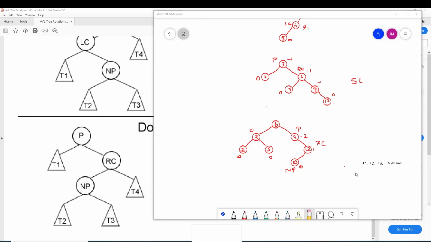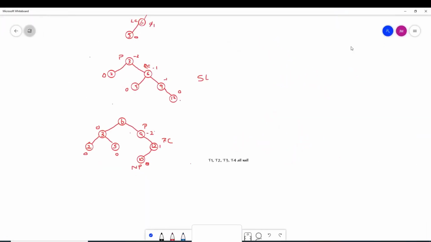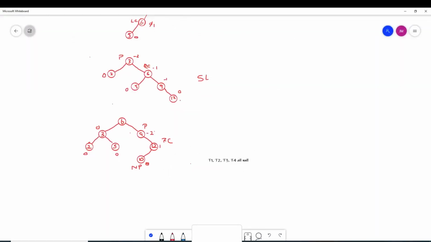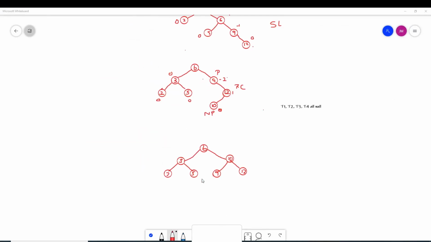So all of those T's are null, and we have to see what happens. The new parent goes up, the old parent is to the left, and the right child is to the right. So the new parent goes up, and I rewrote it here for you.